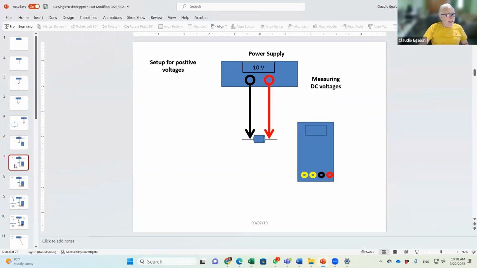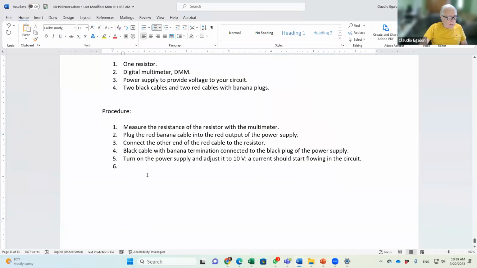Okay. Next, we're going to measure voltage. Connect the multimeter in parallel to the resistor. Connect the DMM, digital multimeter, in parallel with the resistor. You're going to measure voltage.